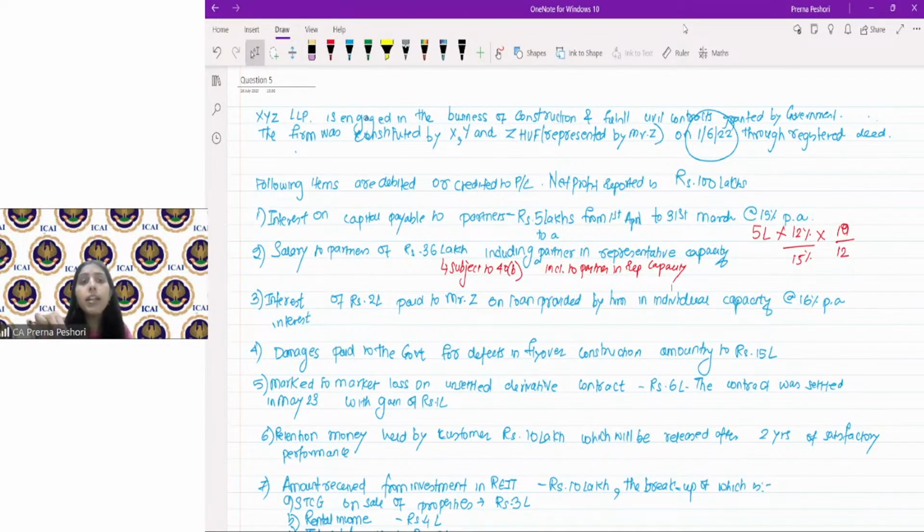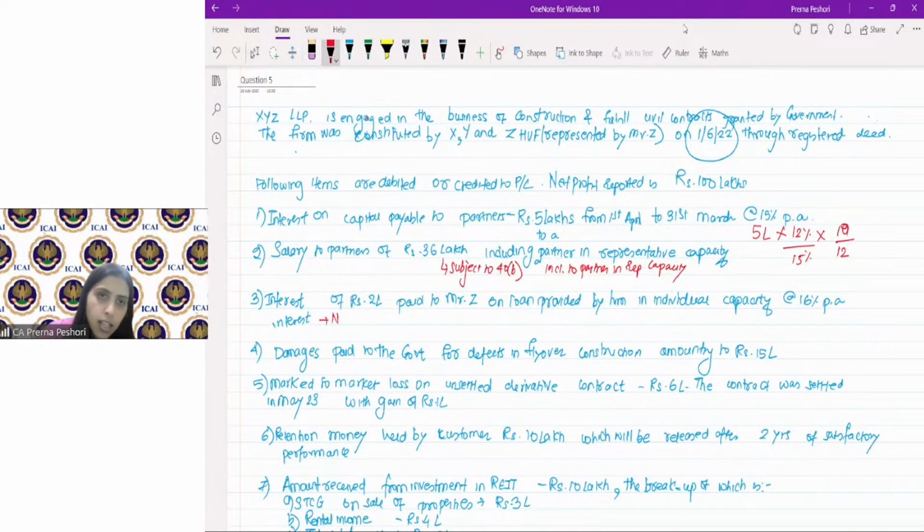But in the third point, the interest which is being paid to him is being paid on the loan provided by him, and not because he is a partner. So that shall not be subject to 40B.